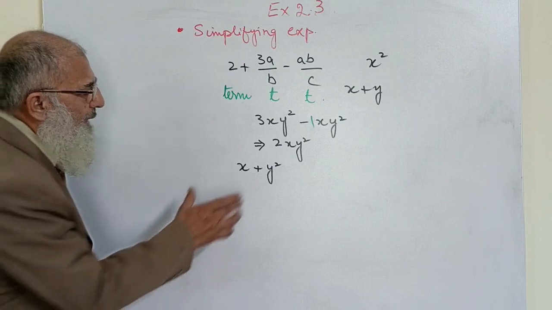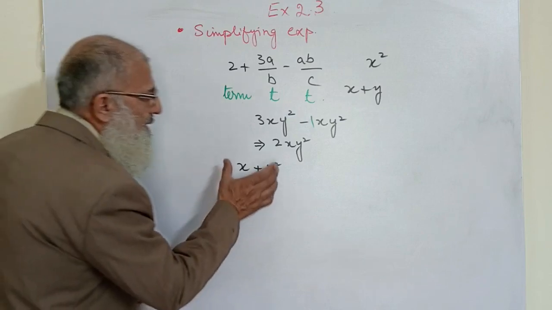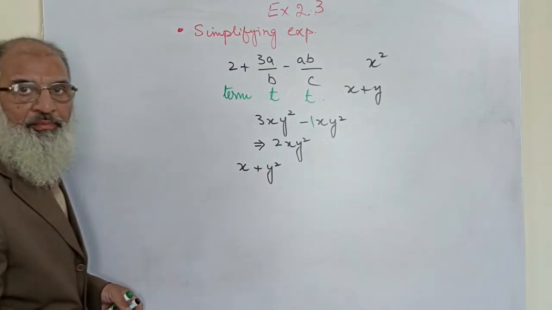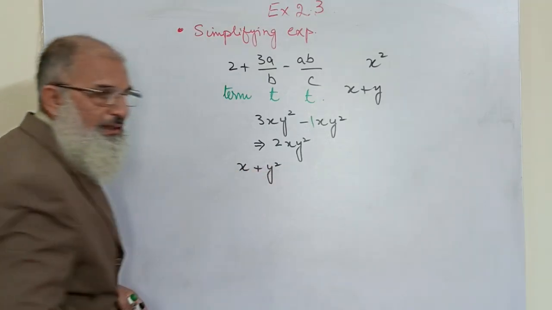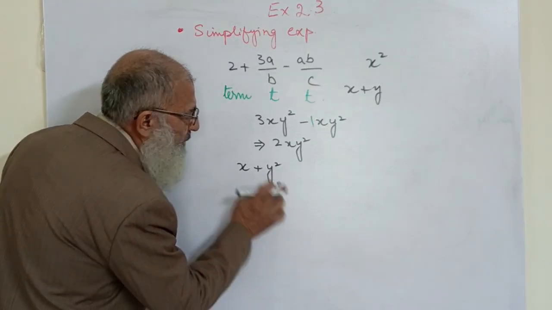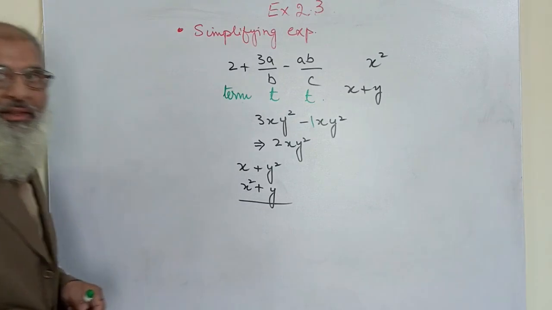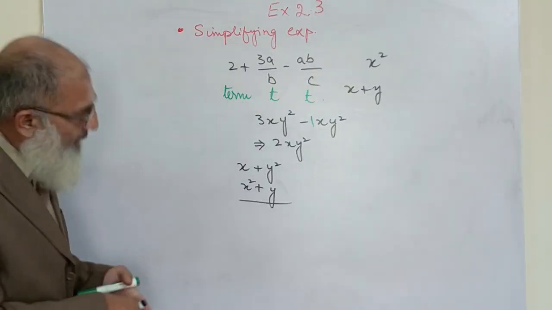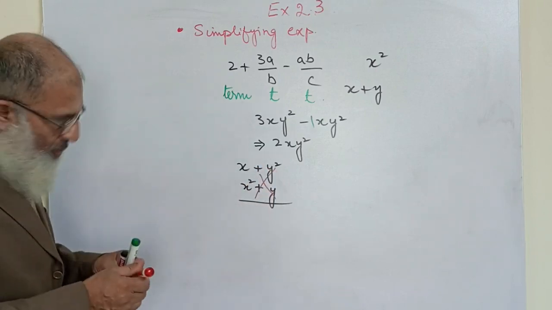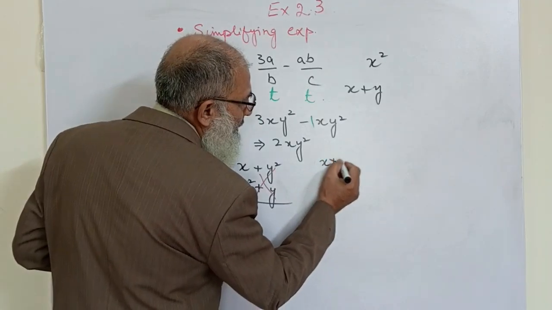Now you see that this term can be added or subtracted with the same type of variable and indices. No, it cannot be added or subtracted with this. These cannot be added or subtracted. This can only be added or subtracted when this condition is met.